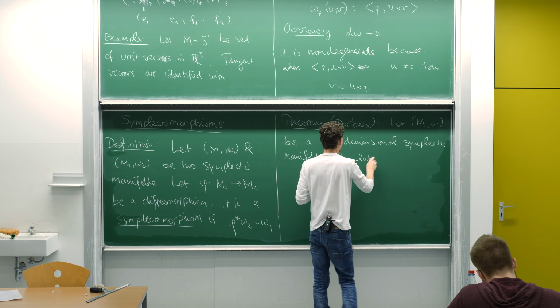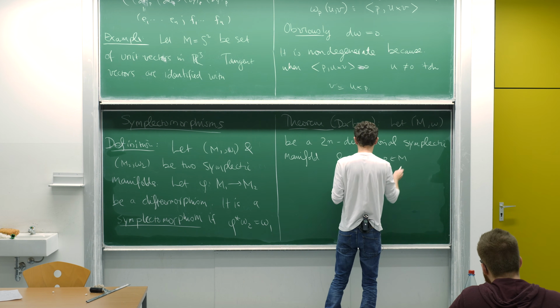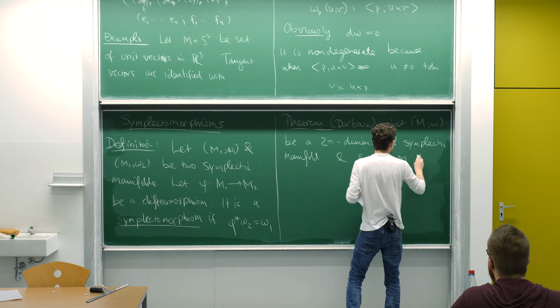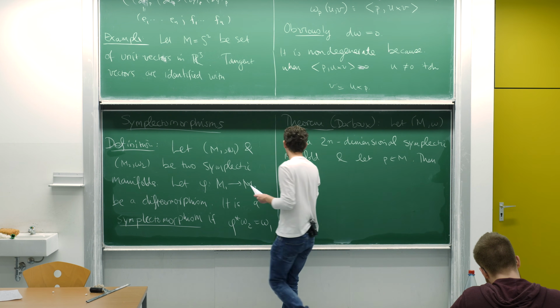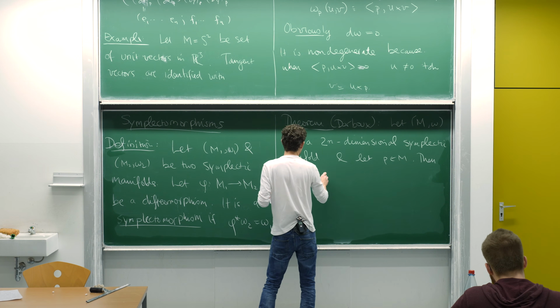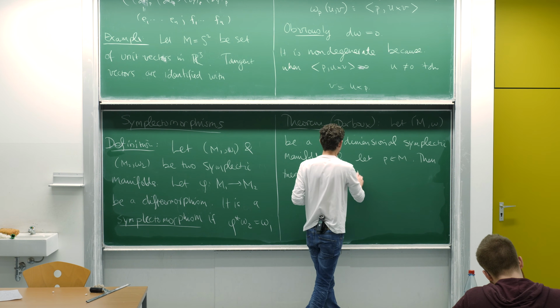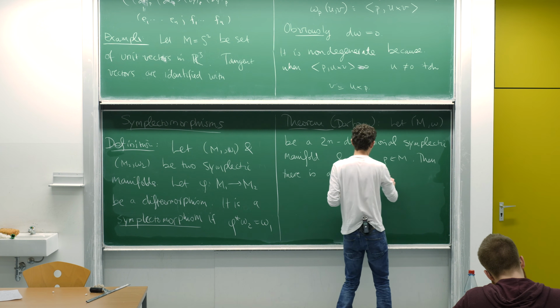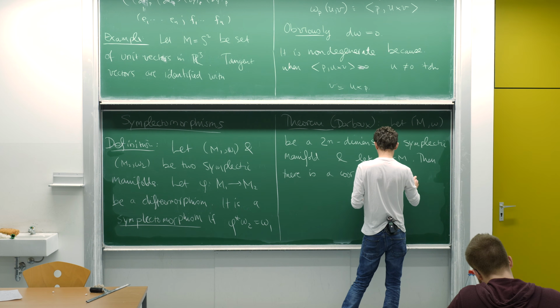So let P be a point in our symplectic manifold. Then there is a coordinate chart, called the Darboux chart.